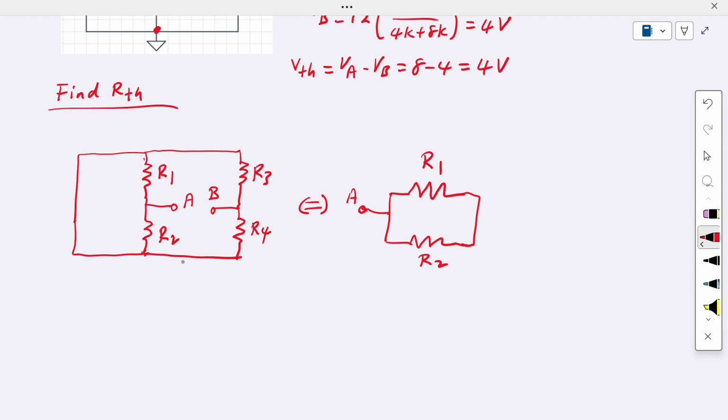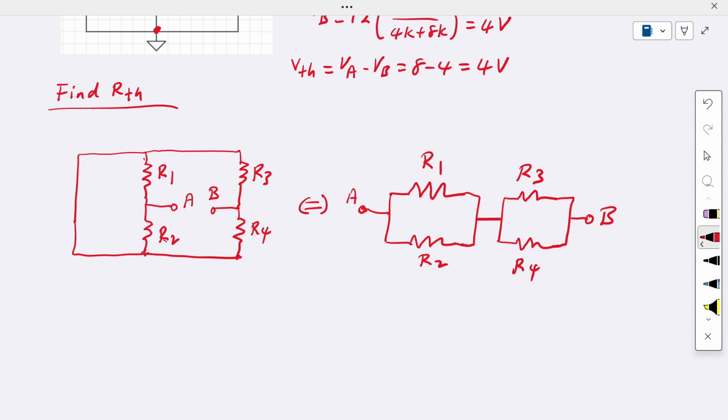After they are connected together, they will go to the R3 and R4. So that means they will be connected together. In this case, we have split another path here, which is R1 connected to the R3 on this side, and R2 connected to the R4. And then this one is connected together, going to the junction node B.